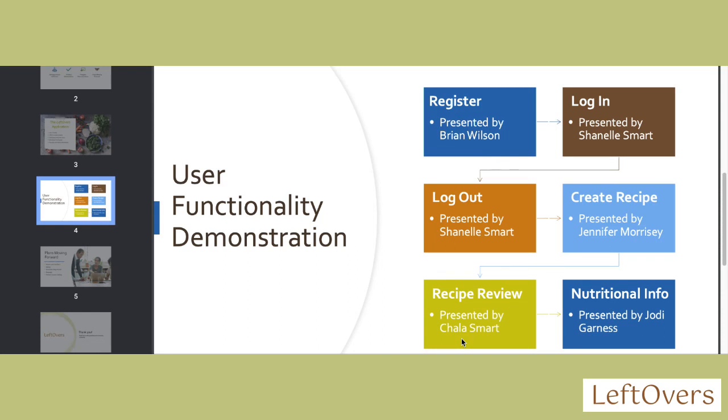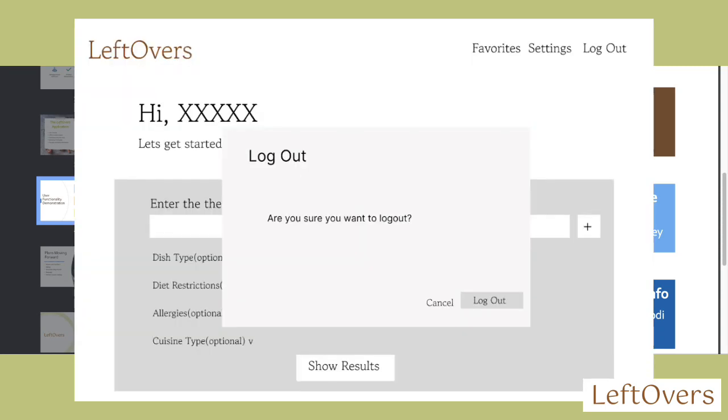And then the next case with being able to log out would deal as well with the database because the information is also being pulled from there. And then once they decide to log out of their account, once they're done with using it, the main control will then send a confirmation message back to the user to actually confirm that they are wanting to log out.